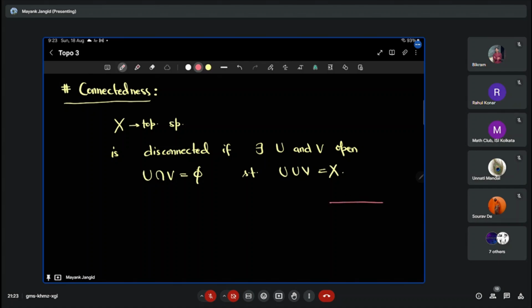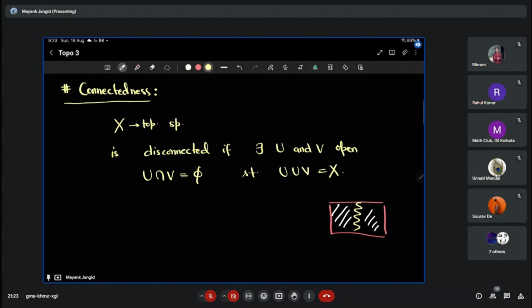So I am breaking the whole space into two open sets, U and V. Such a disconnection is called a disconnection of X. If a disconnection exists, we say the topological space is disconnected.